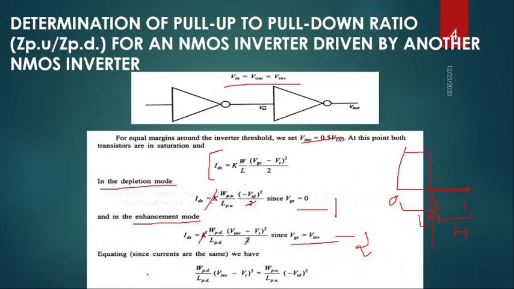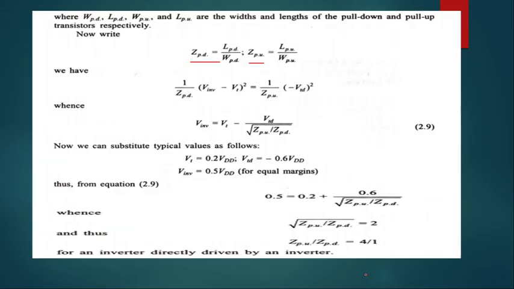So LPD upon WPD can be written as 1 upon ZPD, and LPU upon WPU can be written as 1 upon ZPU. So this equation can be written as this. Now when ZPU upon ZPD is taken on one side, and after simplification, V inverter can be written as VT minus VTD upon root of ZPU upon ZPD.